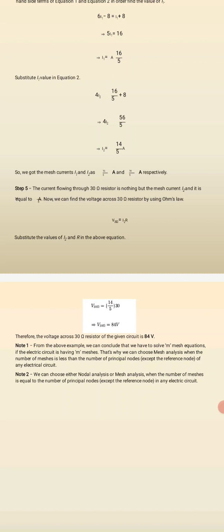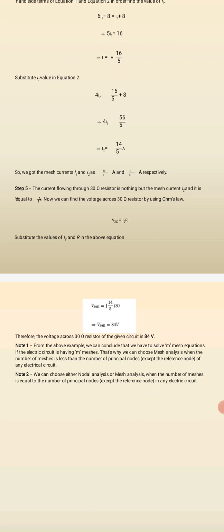Now we are going to apply Ohm's law to find the value. So V30 equal to I2 into R. We know the value of I2, so we substitute 14 by 5 into 30. So V30 equal to 84 volts. Therefore, the voltage across the 30 ohm resistance is 84 volts.